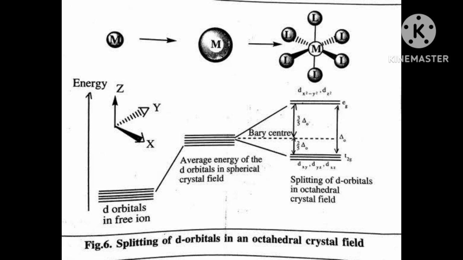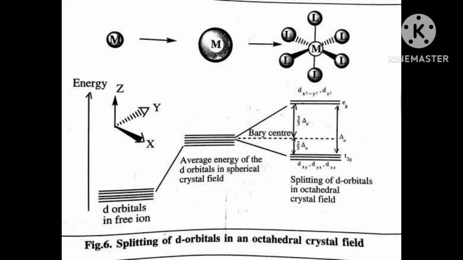That is why the electron may go to the eg level, the higher energy level, the fourth one.